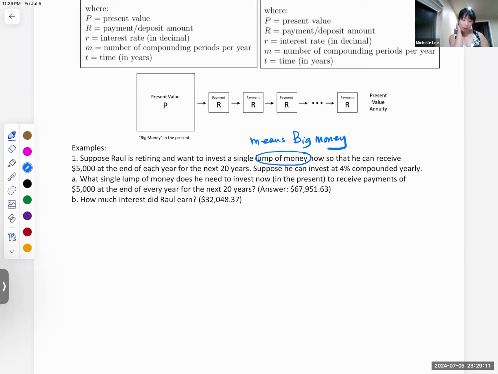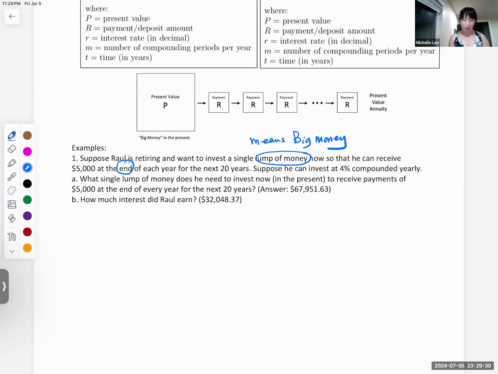So that he can receive $5,000 at the end of each year for the next 20 years.